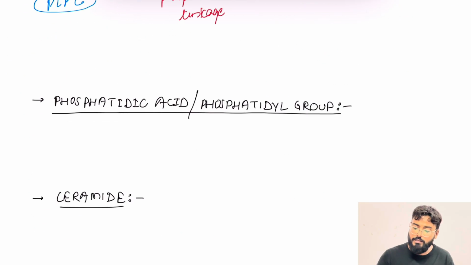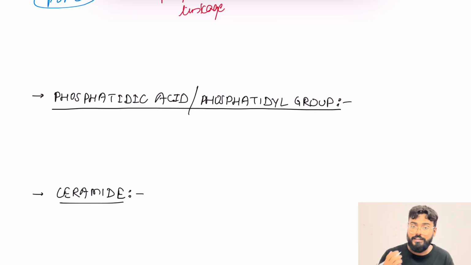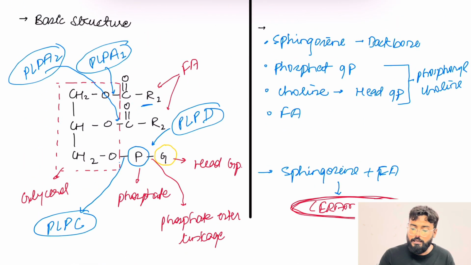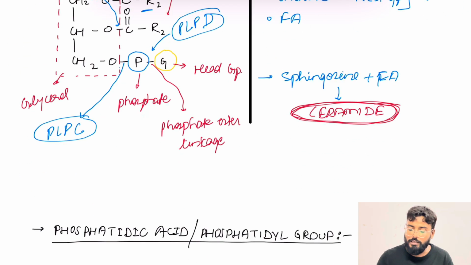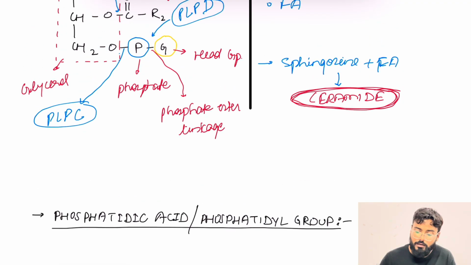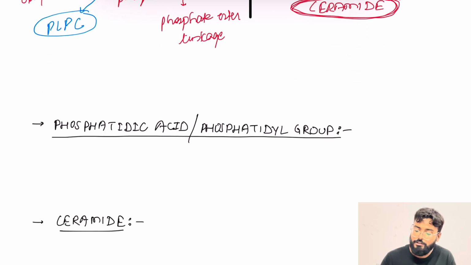Now we'll see what phosphatidic acid is. This we are going to see again. What is phosphatidic acid, or phosphatidyl group? If in a glycerophospholipid you remove the head group, the remaining components left behind are known as phosphatidic acid or phosphatidyl group. The components in phosphatidic acid are glycerol plus fatty acid plus phosphate.